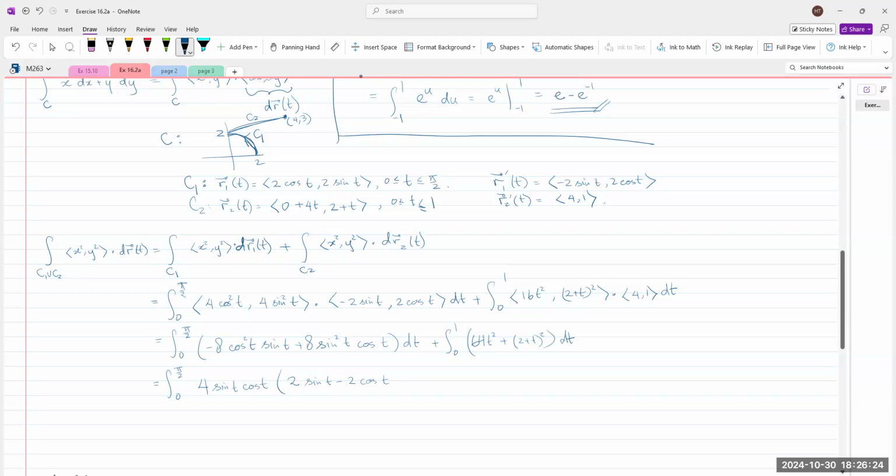Now, why don't I just factor the 8 out? You know what? I will just integrate it one by one later on. So, what will this be? This is negative 8 over 3 cosine cubed t plus 8 over 3 sine cubed t, from 0 to pi over 2.